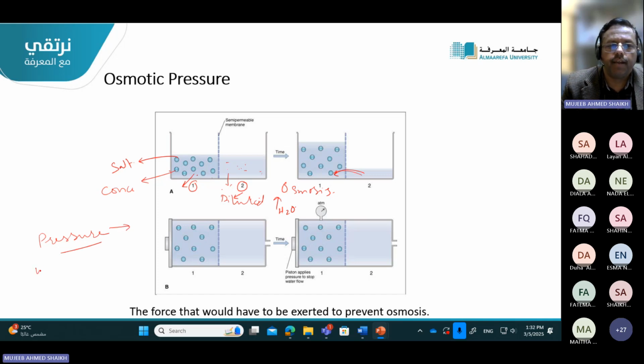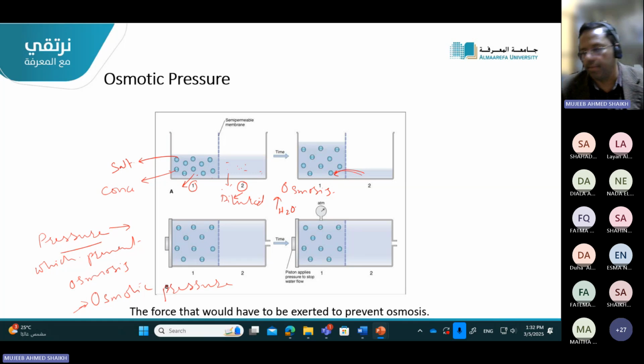The pressure which prevents osmosis is known as osmotic pressure. This will come in various blocks, various places, so simply remember the definition. What is the concept of osmotic pressure? Osmotic pressure is the pressure required to stop osmosis.